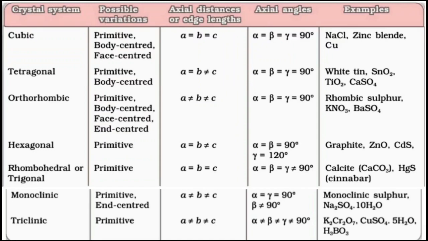You may get questions like: the edge lengths of a crystal system are a = b = c, and its axial angles are alpha = beta = gamma = 90 degrees, which type of crystal system is that? Then you have to write cubic. So for that you have to learn this table.